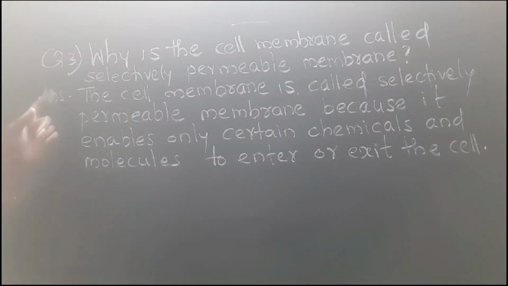Our third question is, why is the cell membrane called selectively permeable membrane? The answer is, the cell membrane is called selectively permeable membrane because it enables only certain chemicals and molecules to enter or exit the cell.